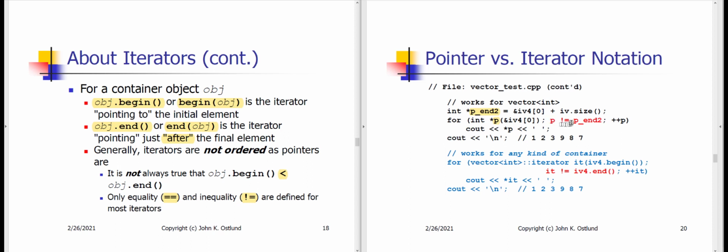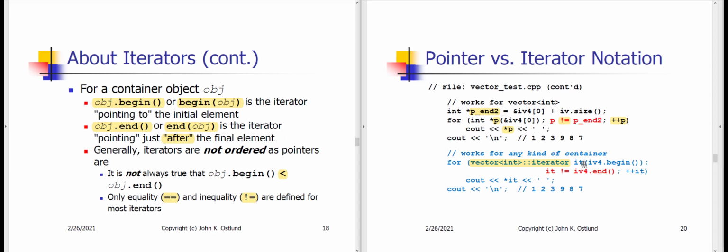So if P has not yet reached pn2, we're going to display star P and then increment P. And then we'll do the test again. All right, so the only difference between this loop and the one that we looked at about 3 slides ago is that I've changed the less than to a not equal to. And now finally, on this bottom for loop, I am using a full-blown iterator with this long declaration.